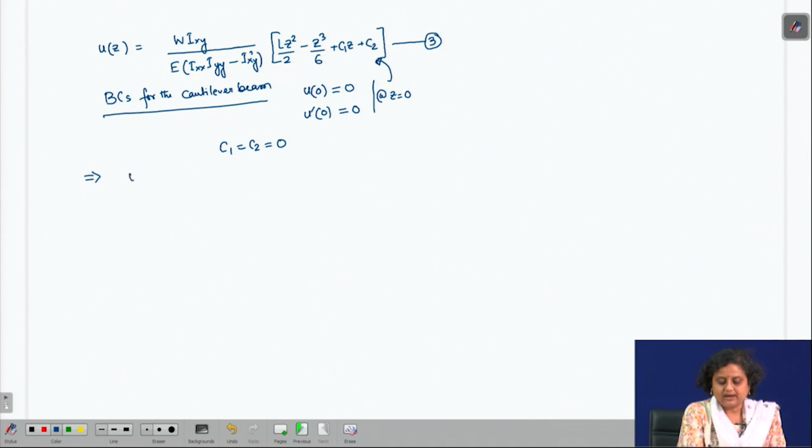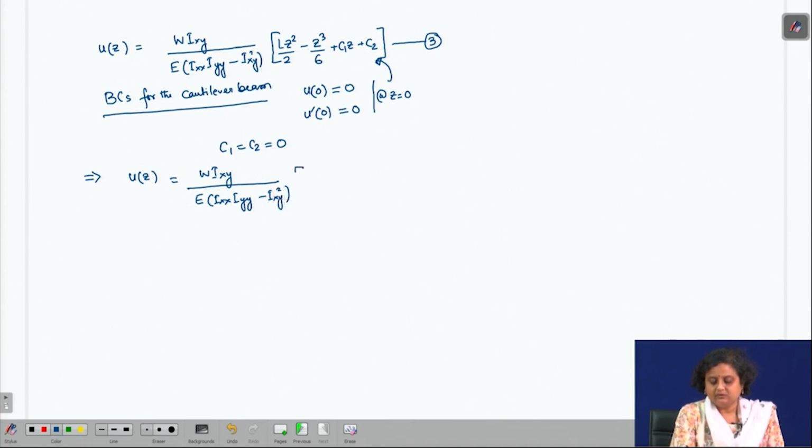Therefore, u z turns out to be W into the following expression. This is the expression for u.